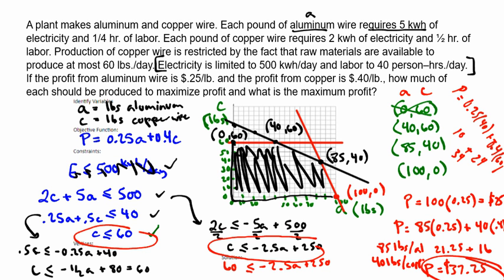Bonus footage. I want to make sure that this line intersects this line at 85, 40. Negative 2.5a plus 250.